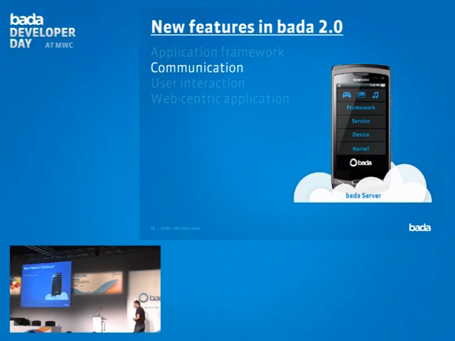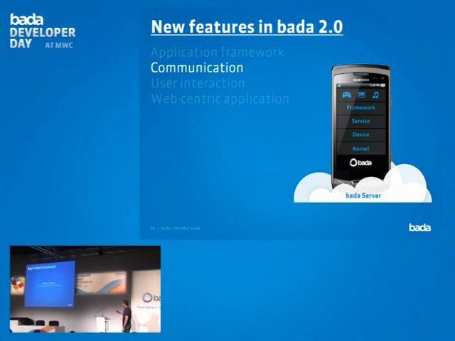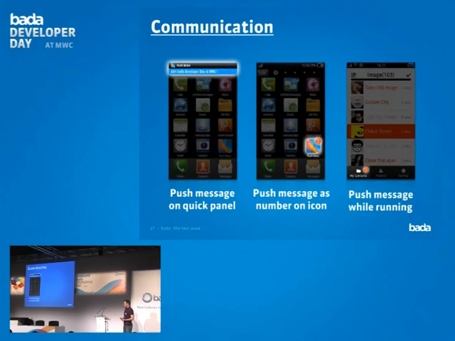Okay, so that was the first type of new features, improved application framework. The second type of new features is communication. In terms of communication, we provide now also the mechanism of push messages. Push messages in the bada UI can be represented in three different types.